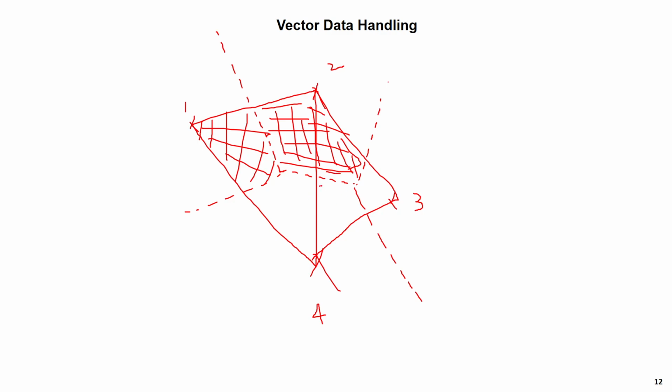For the station 3, it is this area. And the remaining area, this small area alone, is for station 3. For your station 4, this area.